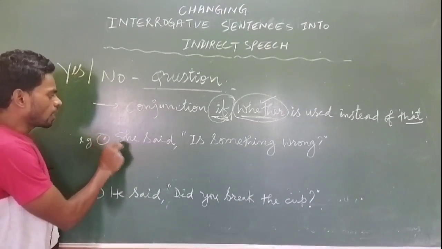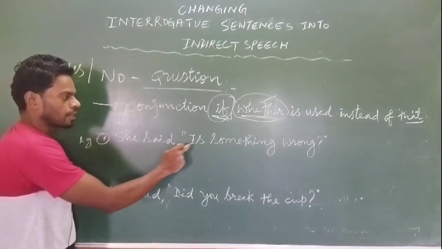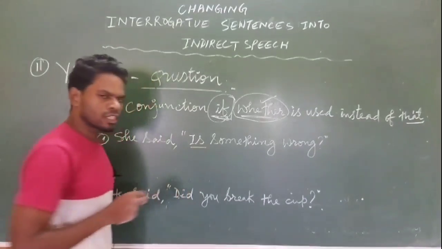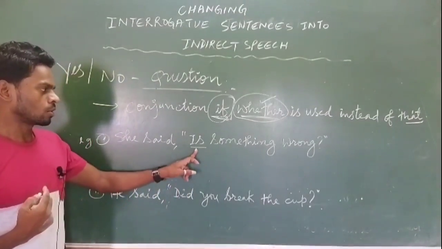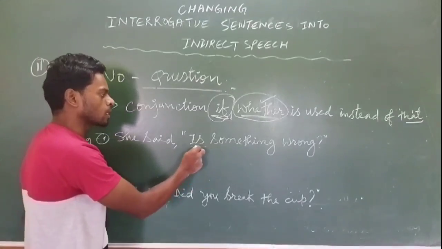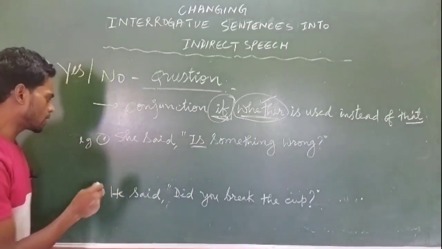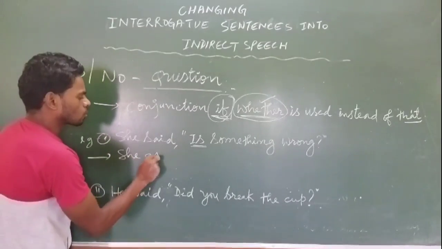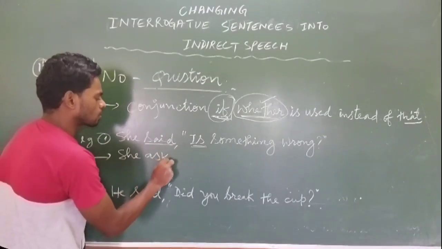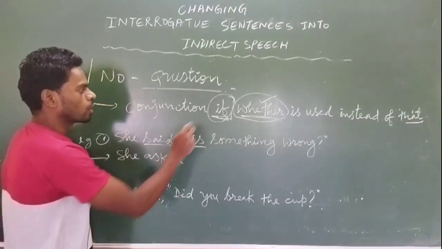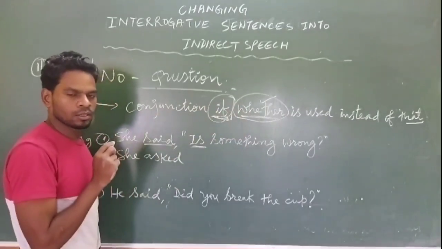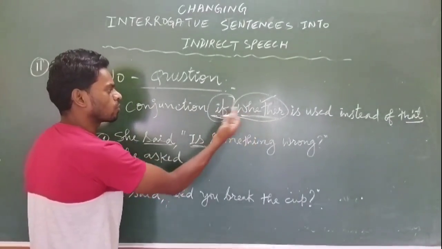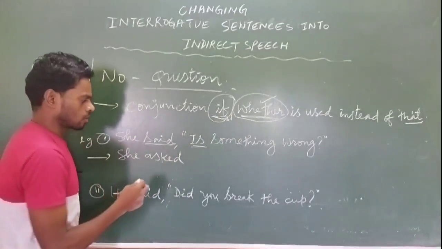So the first example we have: she said, "Is something wrong?" Here "is something wrong" is a yes-no question, and it is in the present tense. So now let's change it. She asked, so said will change into asked. Now you have to add either if or whether. You choose any one of them, whichever you are familiar with.